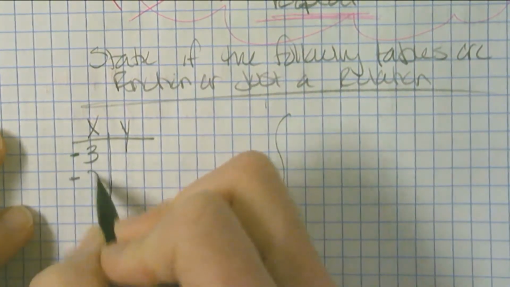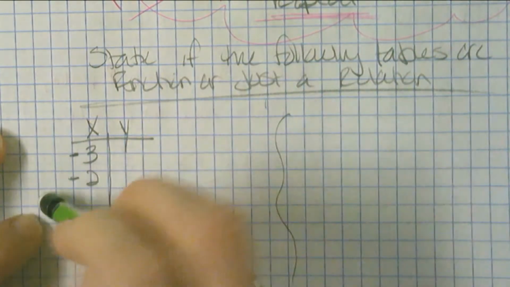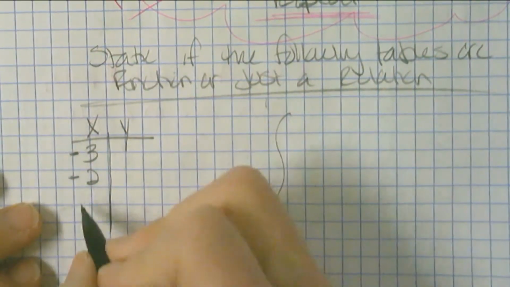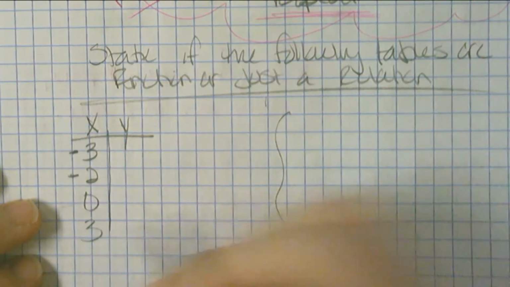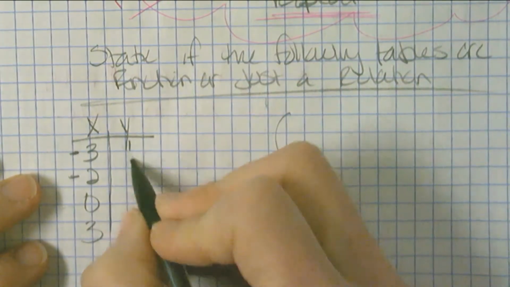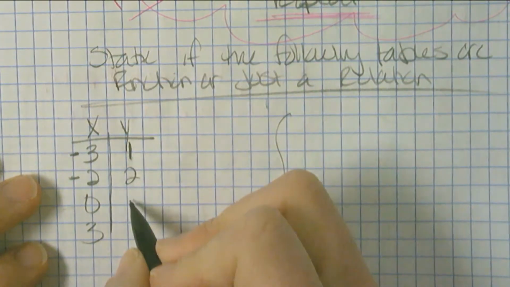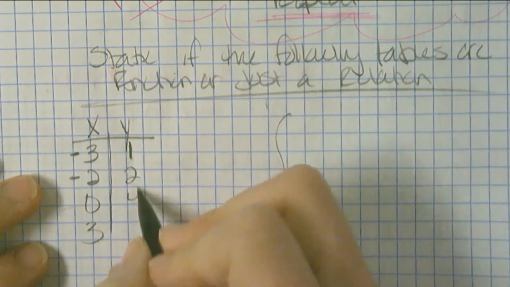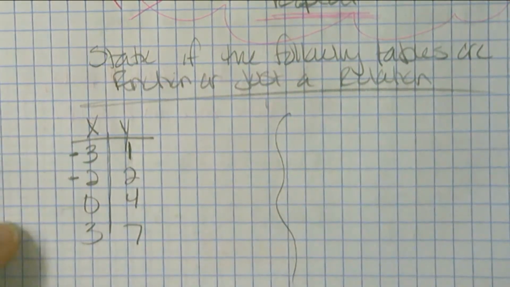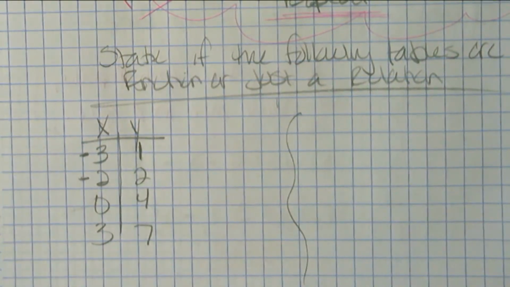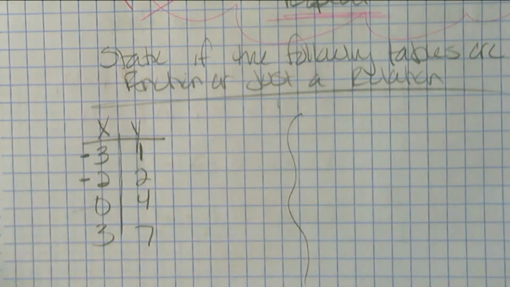-3, -2, 0, 3, 1, 2, 4, and 7. Is this a relation? Is this a function or just a relation? So function, not function.